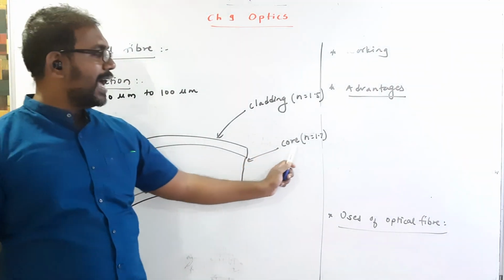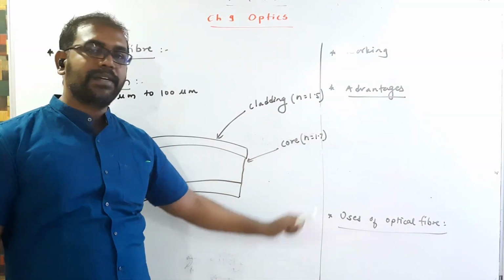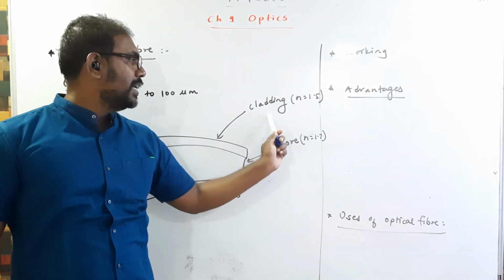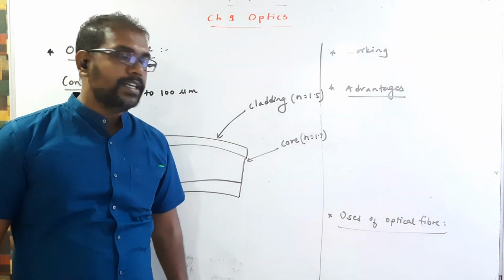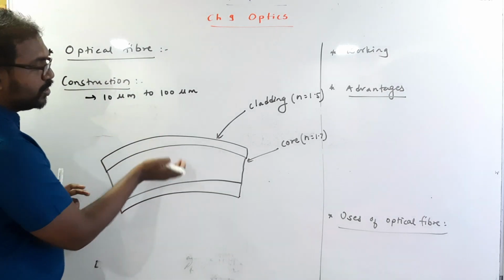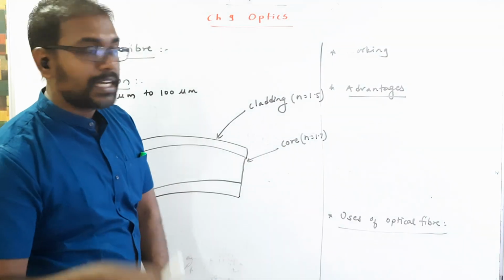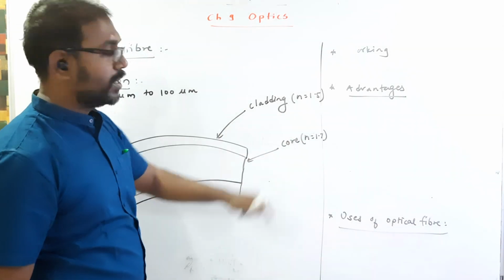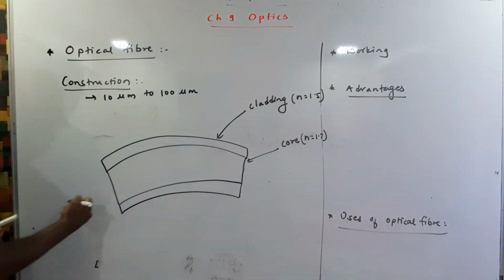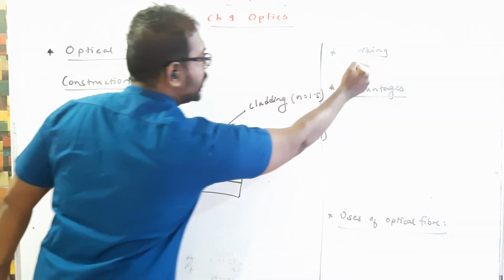Here the core has a refractive index of about 1.7, and the cladding has 1.5. So the medium with the larger refractive index is the denser medium. Now let us explain the working.